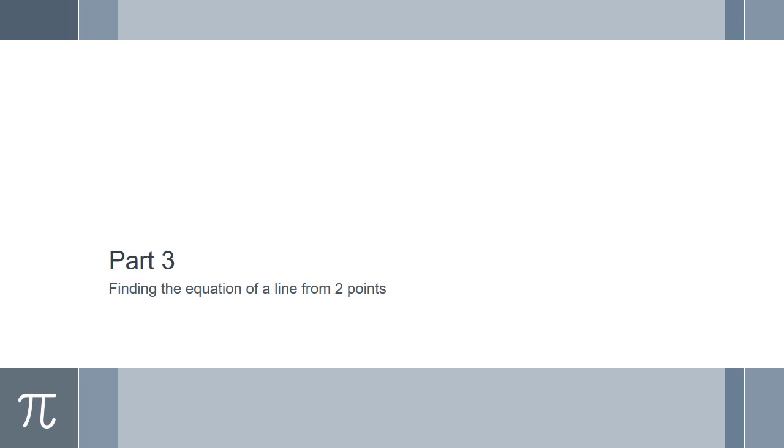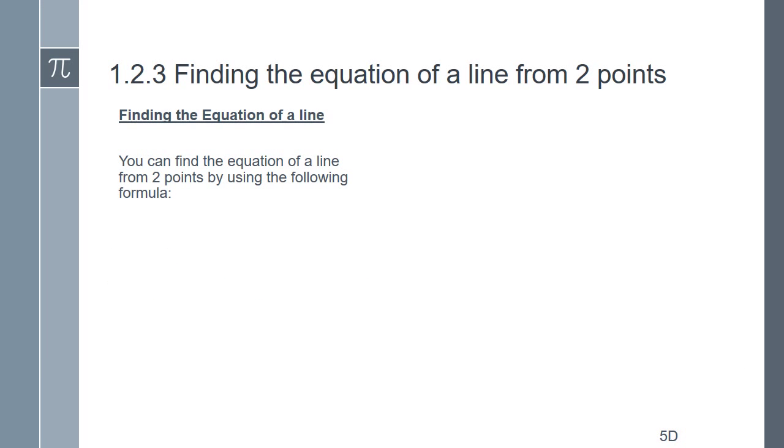Part 3. Finding the equation of a line from 2 points. We can find the equation of a line from 2 points with another formula that we need to remember. It is (y minus y1) over (y2 minus y1) equals (x minus x1) over (x2 minus x1).